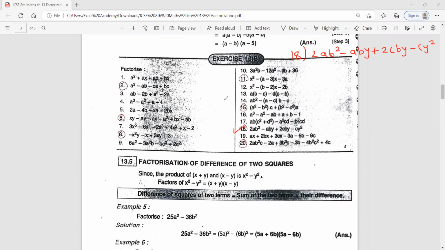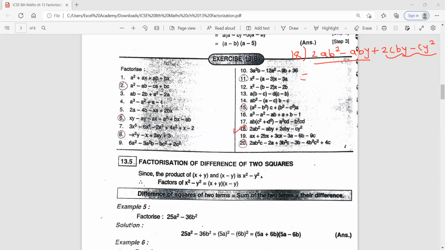You are saying to club 2AB square plus 2CBY. Tell me, without clubbing, can you get the answer? Yes, you can. Look, without rearranging also you will get the answer here. Yes, sir. Yes, no problem. You are right.